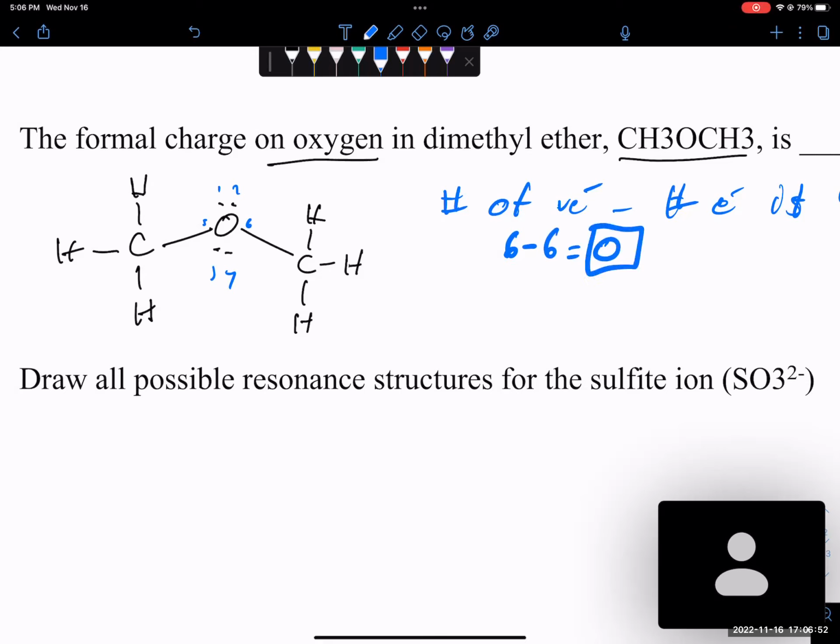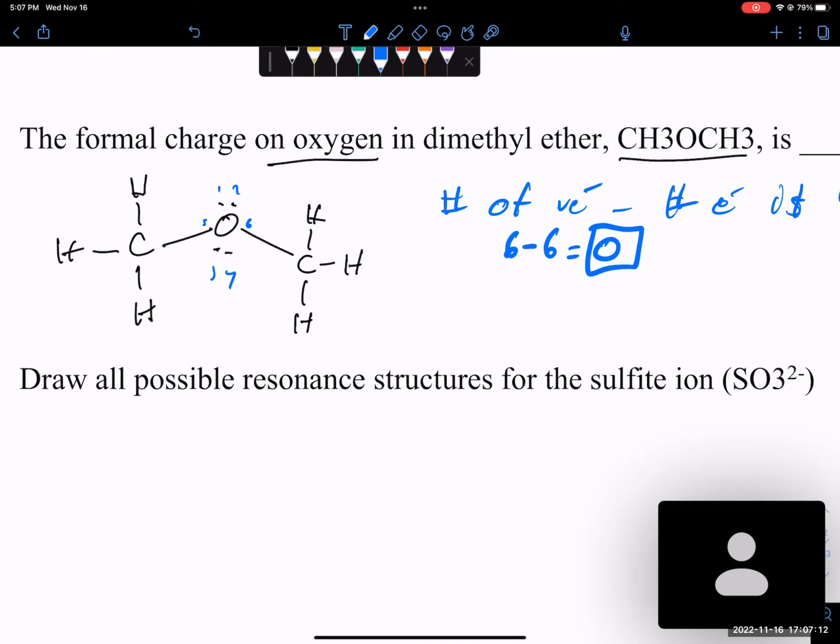Another shortcut you can take is notice there is no charge overall in this molecule, right? There's no 2 plus, 3 plus, anything like that. So you can say with confidence that all atoms in the structure have a 0 formal charge.